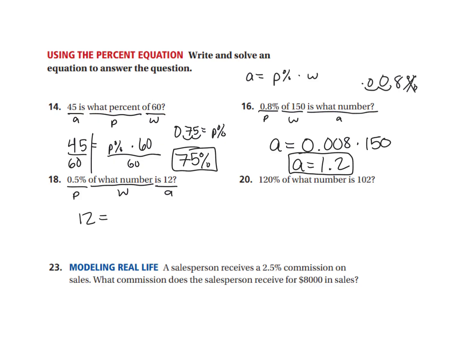My percent as a decimal, I need to change it. 0.5% changes to 0.005 times W. To get W by itself, I see that it's being multiplied by our new percent as a decimal, so I'm going to divide by that. And we get a W value of 2,400.